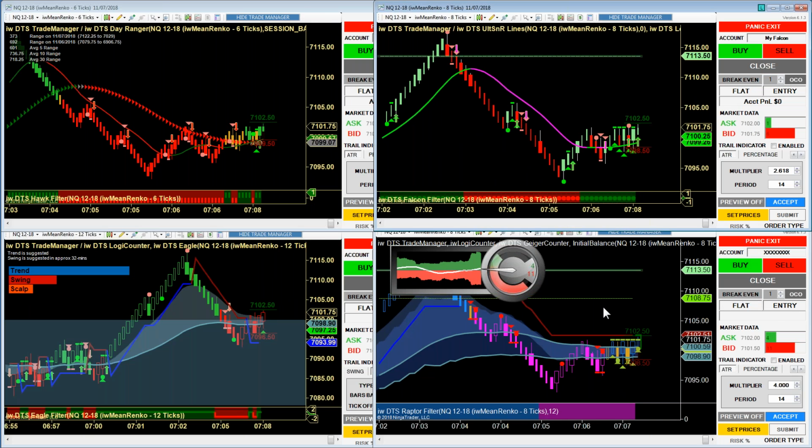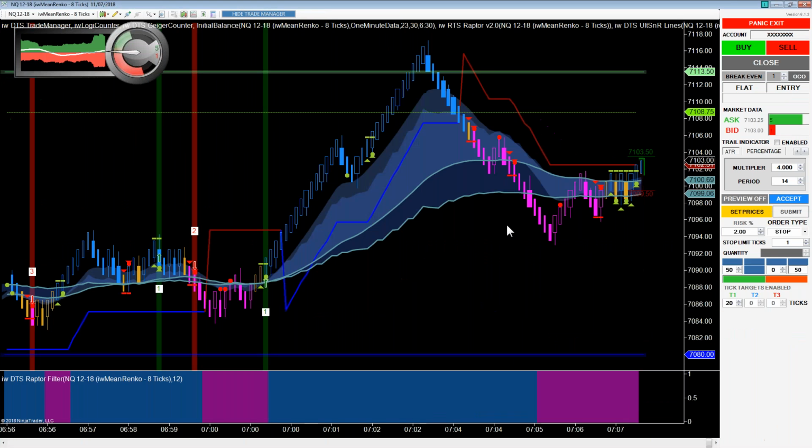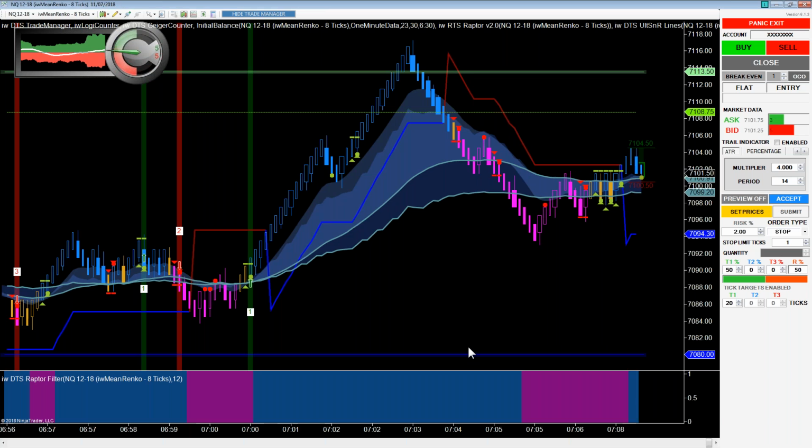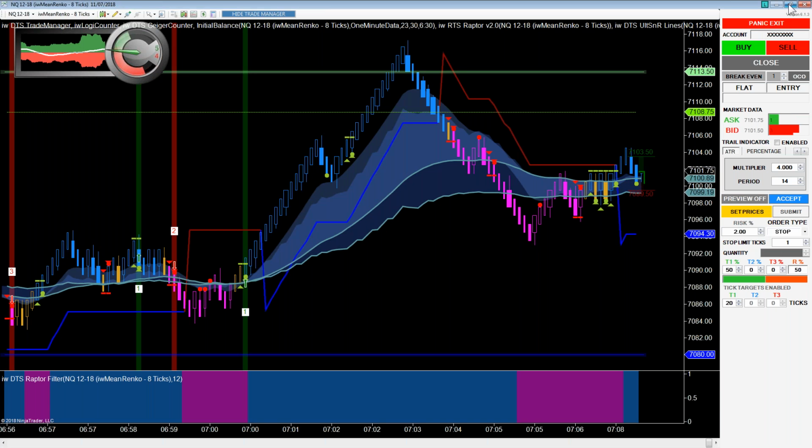Here the Raptor now, the cloud kind of in that sideways trading zone. The trend up today, but struggling to stay that way.